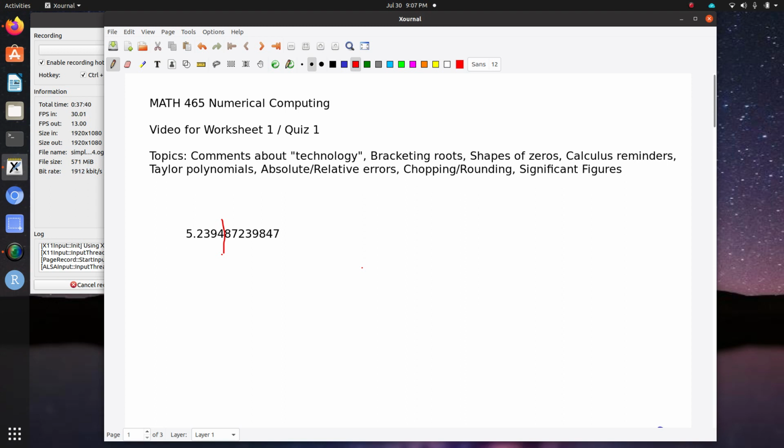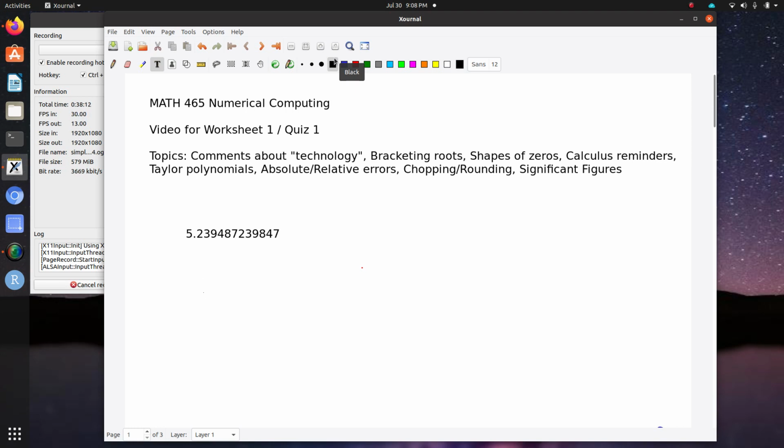And if I'm going to be rounding, I'm going to round that 4 up to a 5 because, of course, the 8 is 5 or greater, and that's the rule of thumb we use for rounding up. Okay, so that's chopping versus rounding. And I do want to make a mention of significant figures. Again, the more scientific tool to use is significant figures, but it's a lot easier to communicate this idea of digits after the decimal.